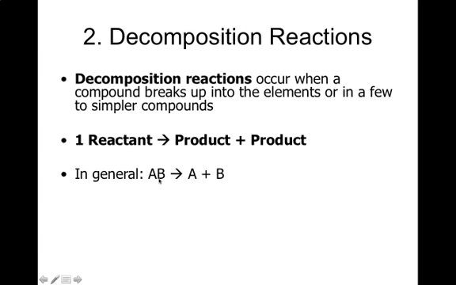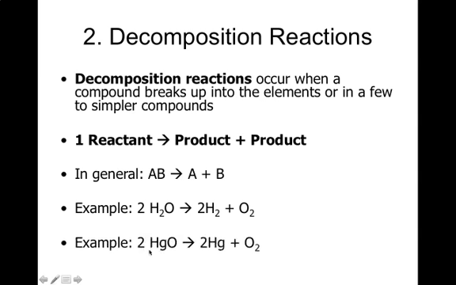Okay, in general, so you have AB break up into A and B, or it could be ABC break up into A, B, and C. Example, 2 water molecules breaks up into hydrogen and oxygen. So this is a decomposition reaction. Another example, 2 mercury oxide molecules break up into mercury and oxygen.